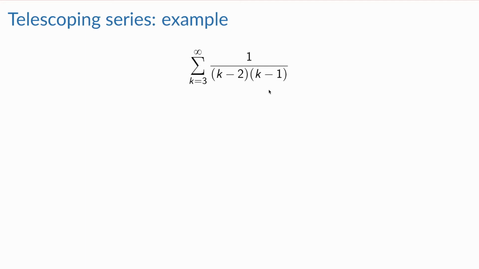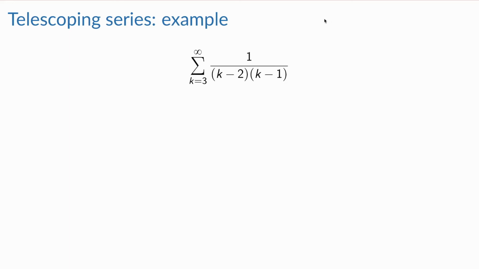Okay, so there's nothing obvious to do on this example, except there's a nice trick that you know from Cal 2 for dealing with expressions that look like this. And the trick from Cal 2 is partial fraction decomposition. It's a useful integration trick, but it's useful here for sums as well.